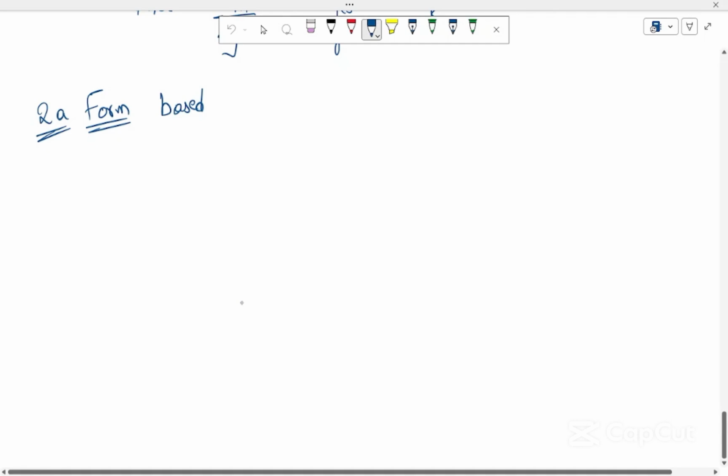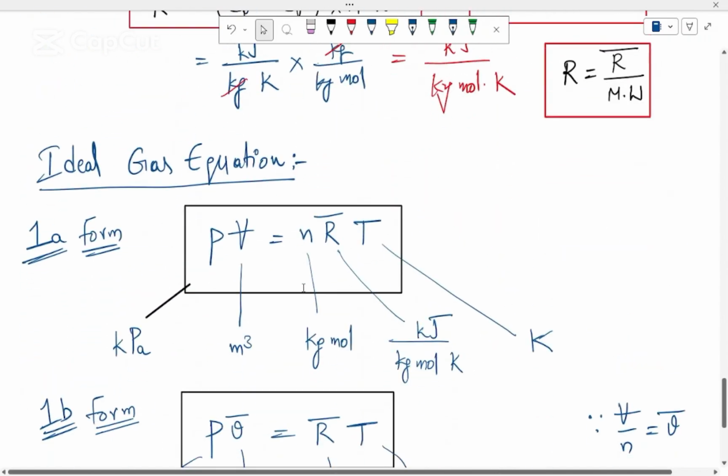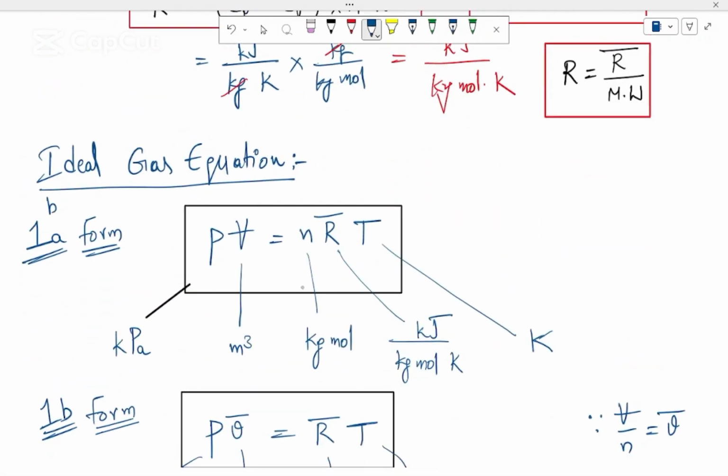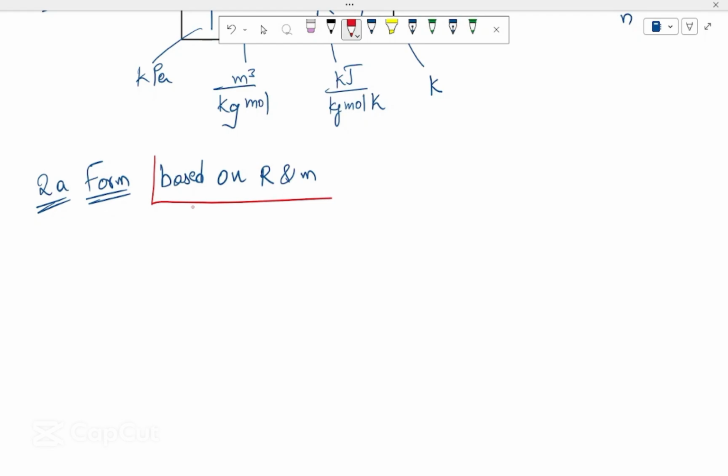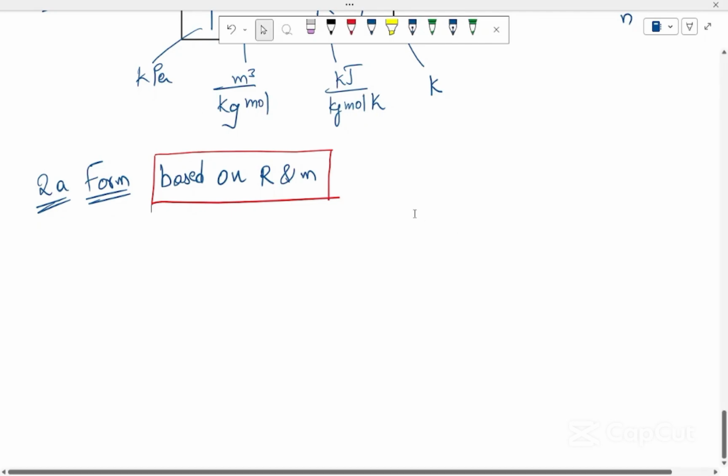So based on R and M. Previously we have written this form based on R bar and N. The 1A and 1B are based on R bar and N. Now the 2A and 2B will be based on R and M. This is mass and that is number of moles.